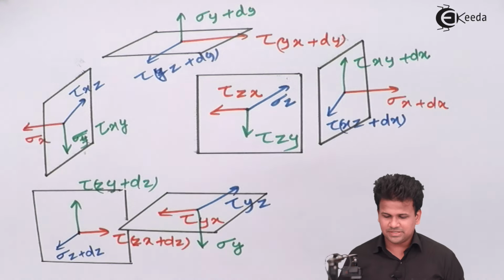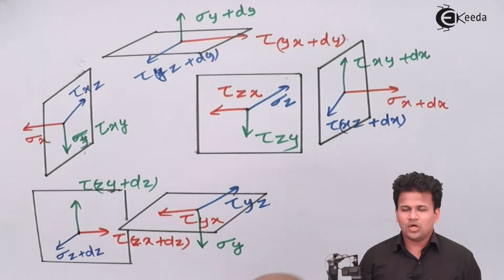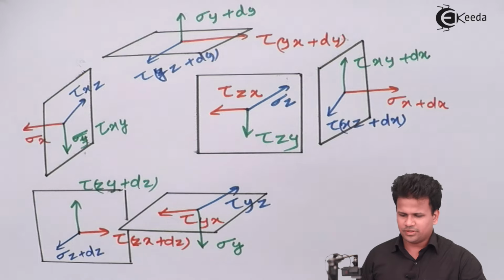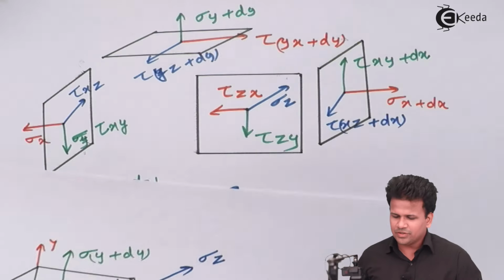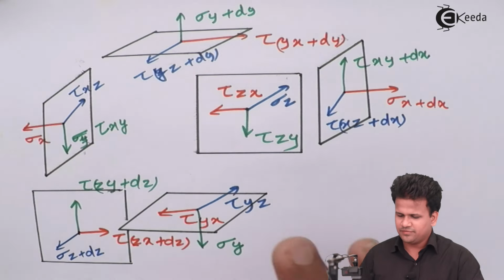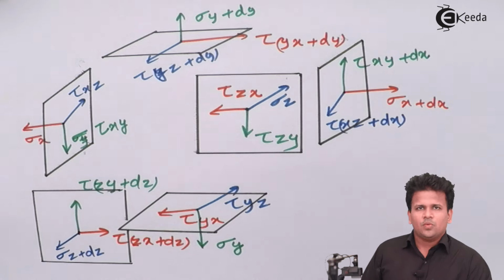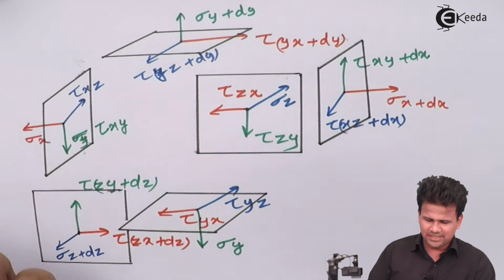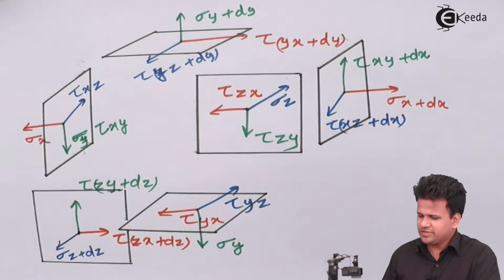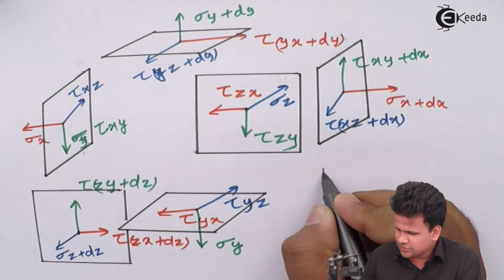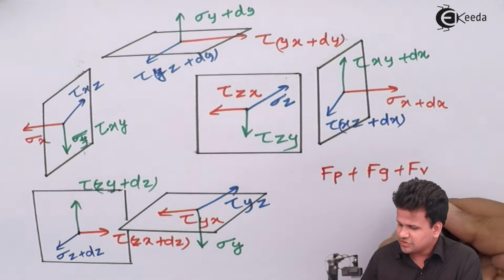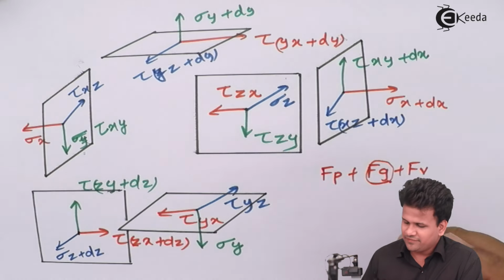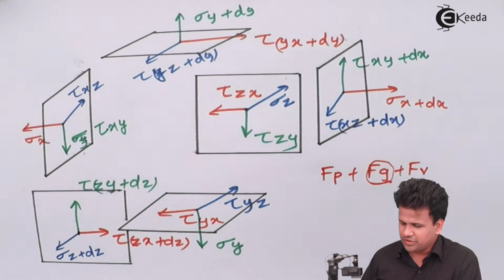So we have represented each and every stress along each and every plane, both on the control volume and on the individual planes. Now we have to apply the Navier-Stokes equation. This equation consists of three forces: force due to pressure, force due to gravity, and force due to viscosity. The force due to gravity we consider as body force per unit volume.